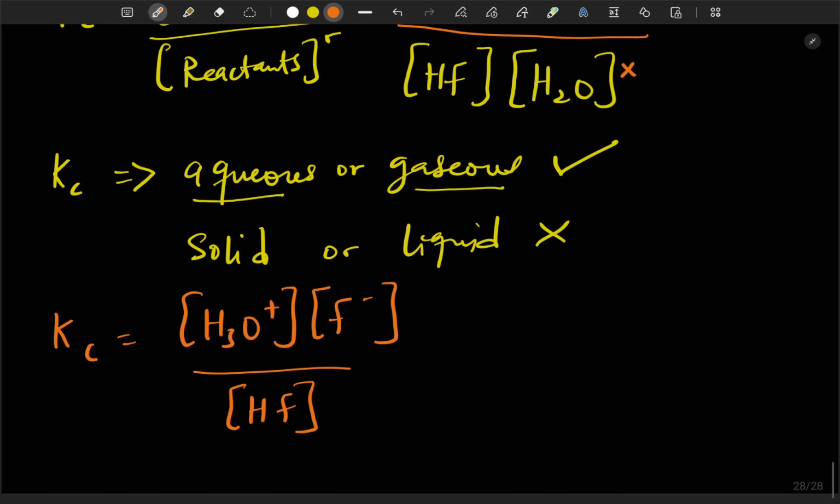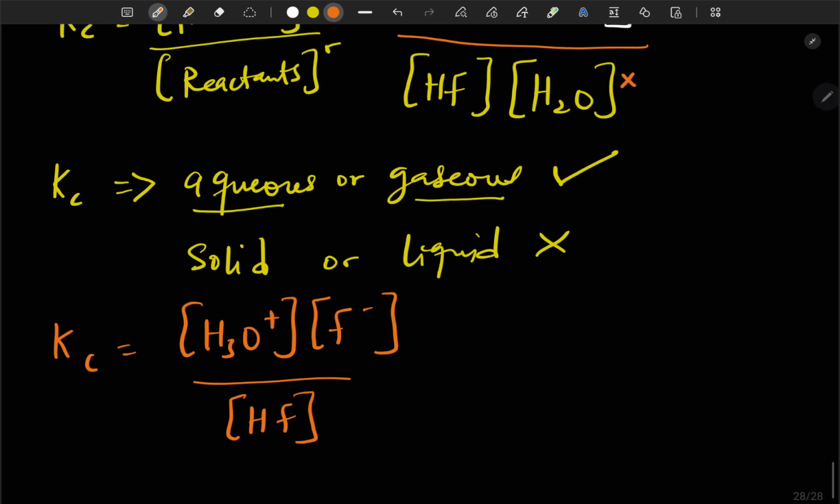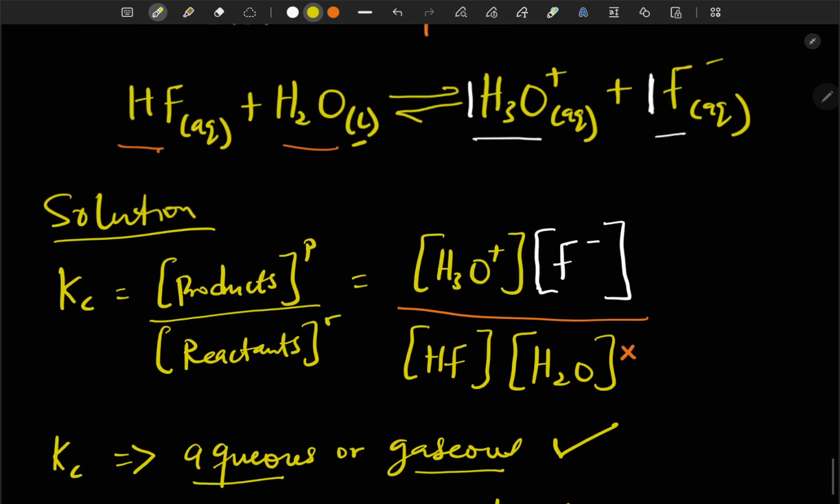So we generally exclude pure solid and pure liquid while writing the equation for equilibrium constant. We only include substances in aqueous or gaseous phase. So this is the correct expression for equilibrium constant for this particular reaction.